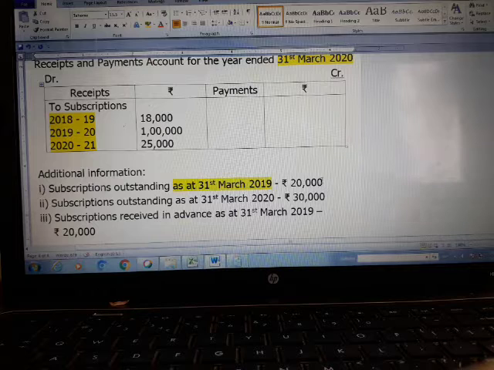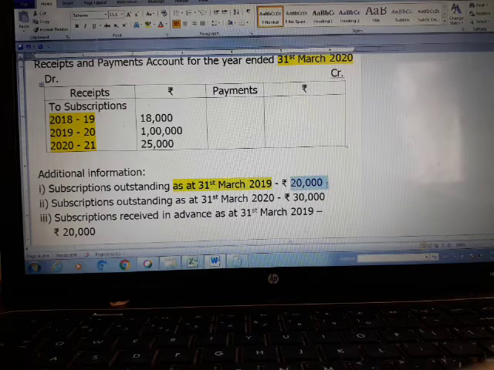Okay, so subscription outstanding as at 31st of March 2019 is 20,000, which means it might even include the 2018 subscription outstanding balance also, that we don't know. When the word asset is given, keep in mind it comprises the previous years, 2018 and 2017, all put together as at 31st of March 2019 is 20,000.